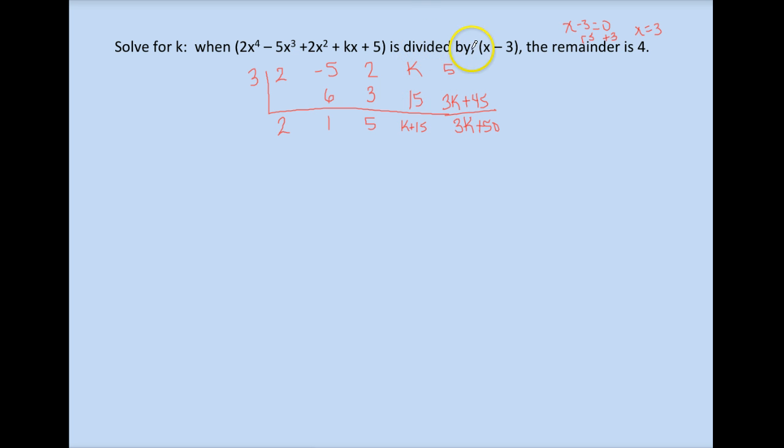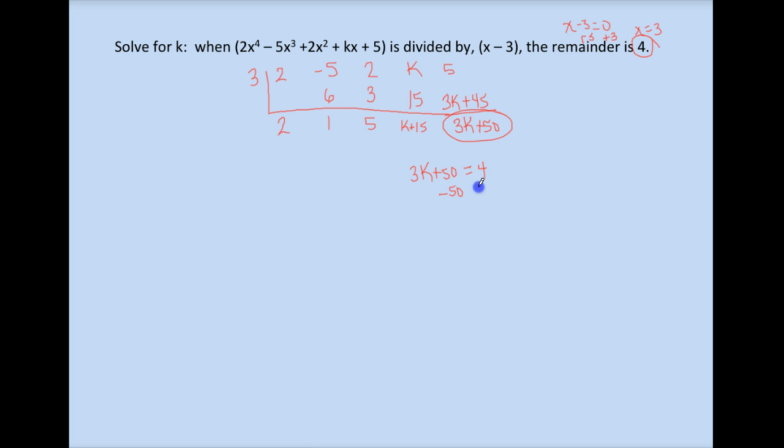Now, I was told that when I divide x minus 3 into this polynomial, the remainder was 4. The remainder would be this value right here. So we know that 3k plus 50 should equal 4, and we're going to use that fact to find out what k should have been. So now we just have to solve this equation.